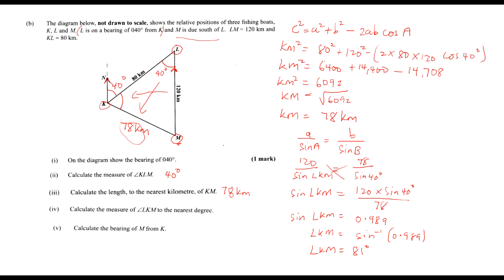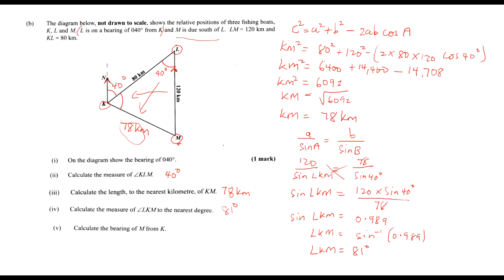Let me just double check that and make sure there are no mistakes. There are no mistakes. So sine 40 multiplied by 120 divided by 78, second function sine. Right, so we get 81 degrees. Right, so that's the answer for this part.